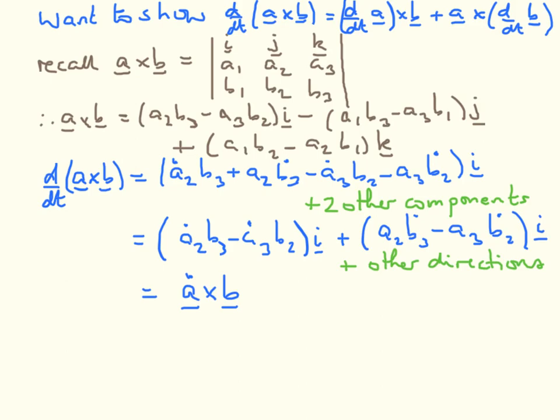So that's those terms. What about these terms? Well, again, looking at this, the A's are exactly the same here, but the B's look just like this, but they are derivatives.